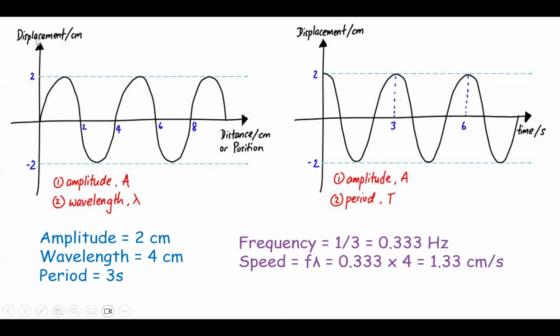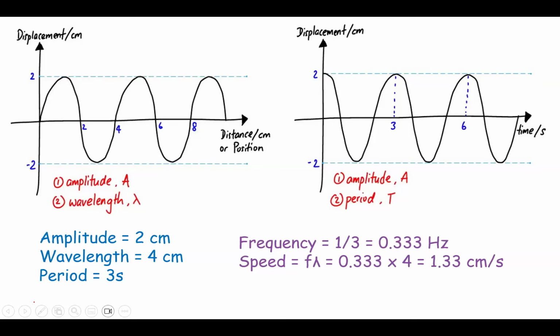So I have over here a displacement-distance graph. That means I just take a photo at one instant, one particular timing. Because this one is distance, it's at one particular timing. I take a short snapshot of the wave, so these are many different particles all at that instant. From here I can get the amplitude and the wavelength, the length of one wave, because it's the distance graph.